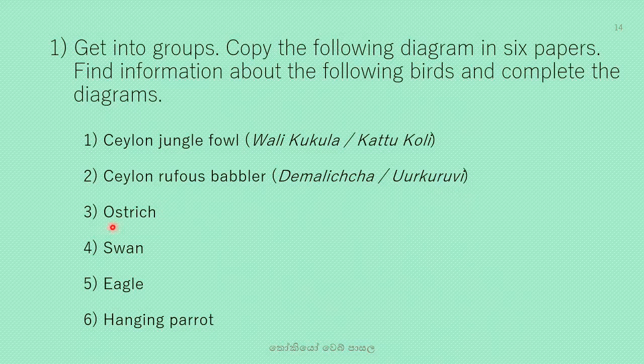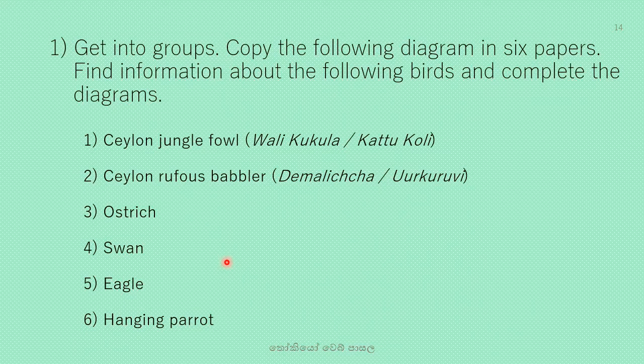Third bird is ostrich. Fourth bird, swan. Fifth bird, eagle. Sixth bird, hanging parrot. So these are the 6 birds about which you need to find information.